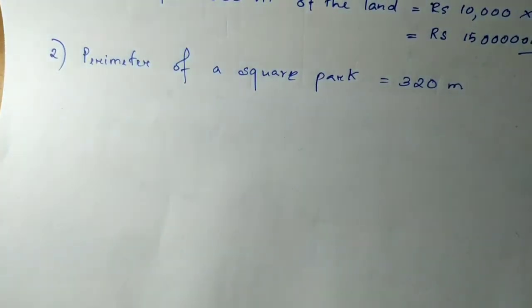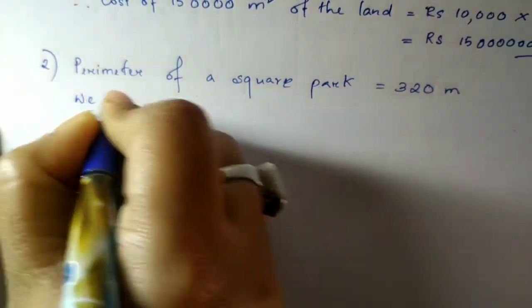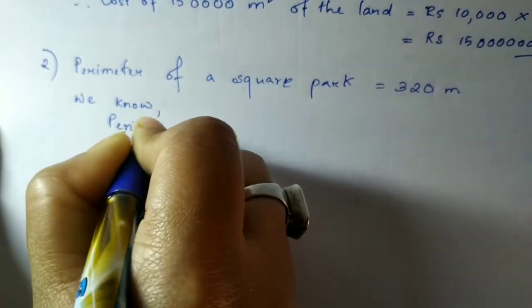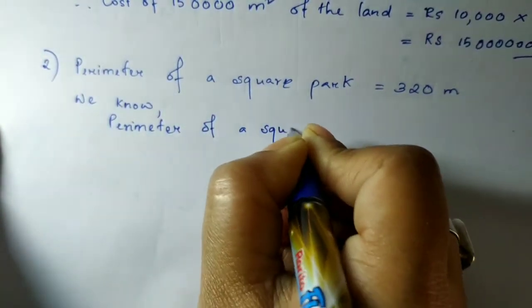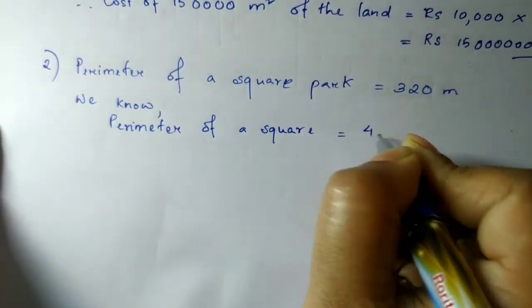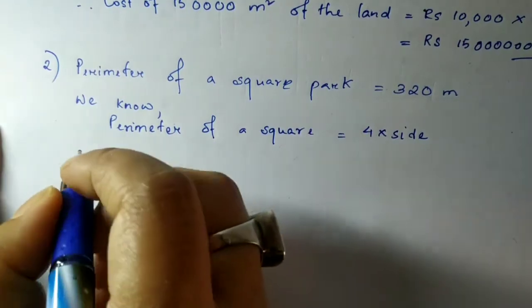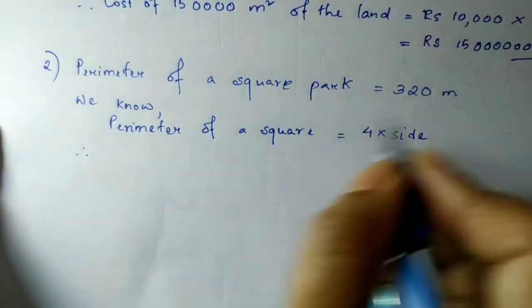The formula for the area of a square is what? All of you know, side into side. So I need the side, and we know that the perimeter of a square is equal to 4 into side, right? Therefore, the perimeter of the square is already given.